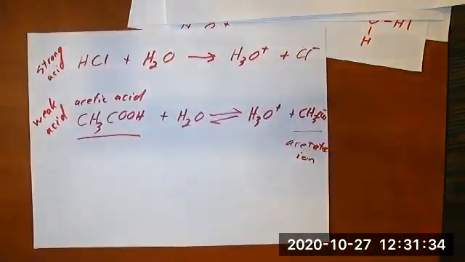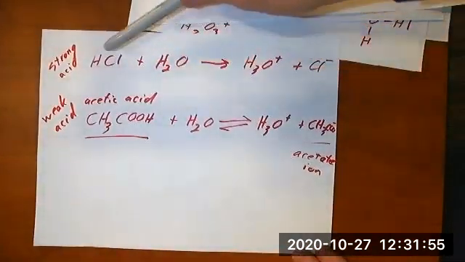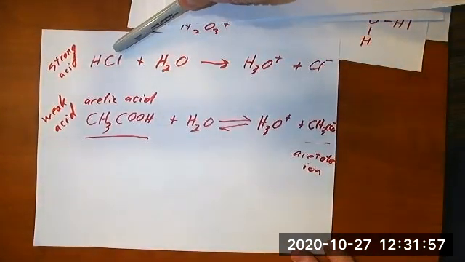Now, it is important to avoid a pitfall in thinking about these. A lot of people look at a strong acid and think, oh, that means it's going to have a very low pH. No. A strong acid simply means that however much HCl you have in there, all of it dissociates.